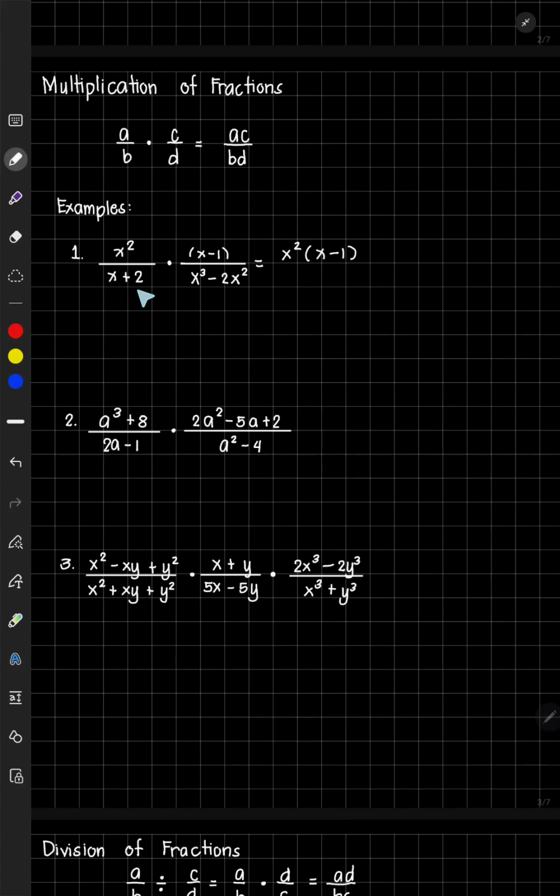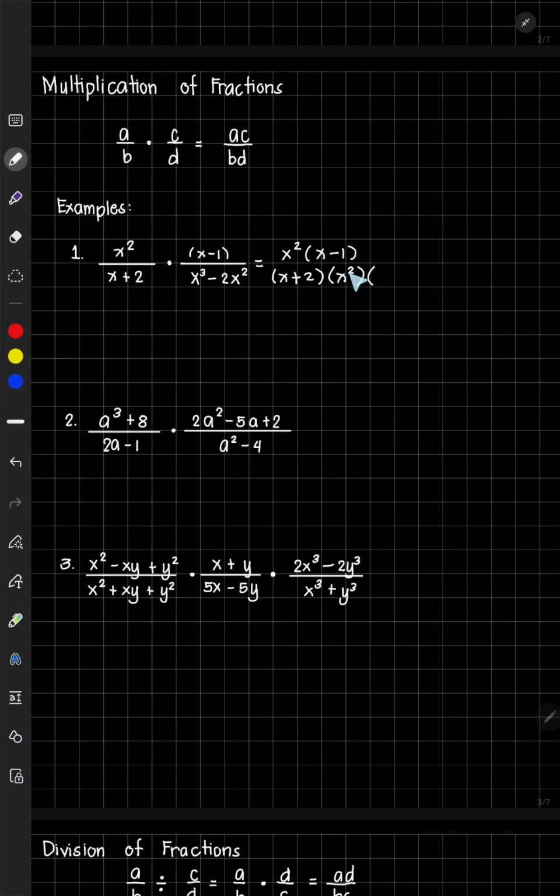For x plus 2, we don't have any factor. But we can find some factors for x cubed minus 2x squared, where we can take x squared from x cubed, and we also have to take out x squared from that. So bring out x squared.